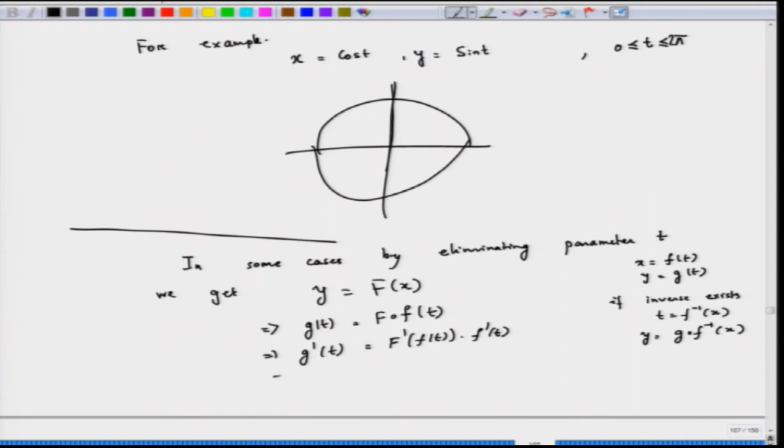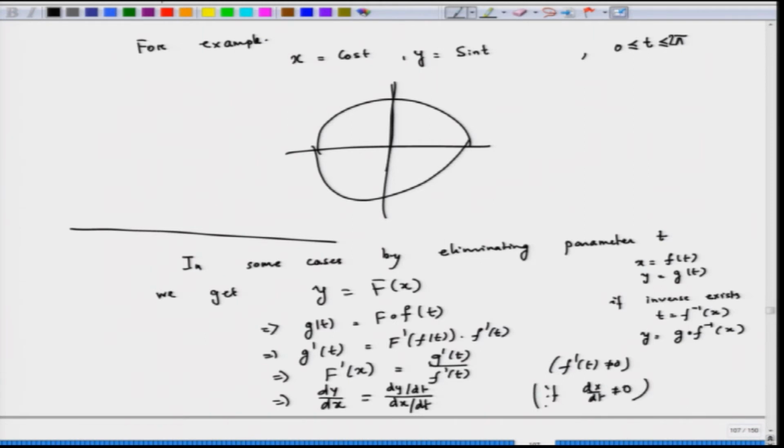This implies capital F prime of x is equal to g prime of t by f prime of t, if f prime of t is not equal to 0. So in our notation, this capital F prime is dy by dx, which is dy by dt divided by dx by dt, provided dx by dt is not equal to 0.